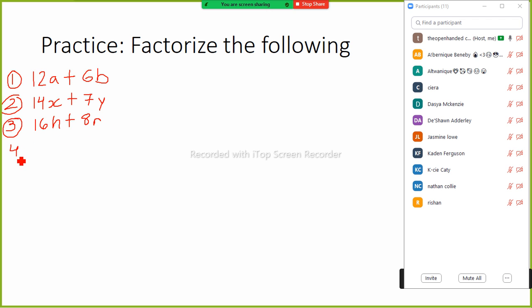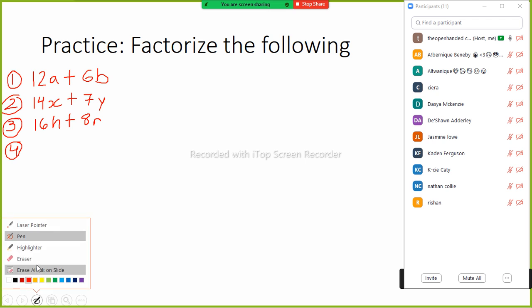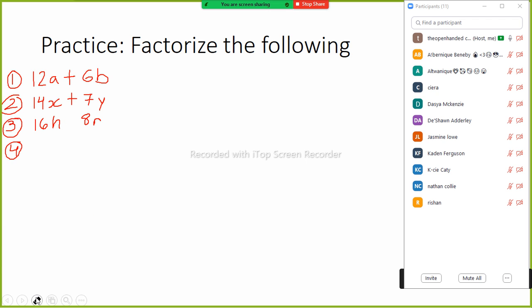Fourth one, let me use a subtraction instead of that addition, to switch things up. Say we have 6x plus 18y.